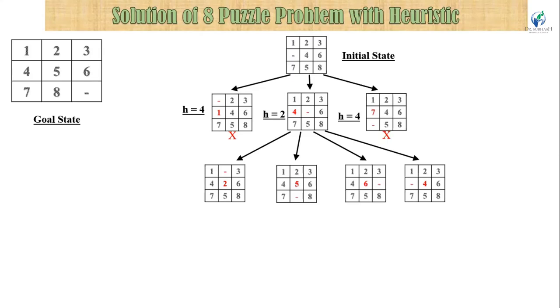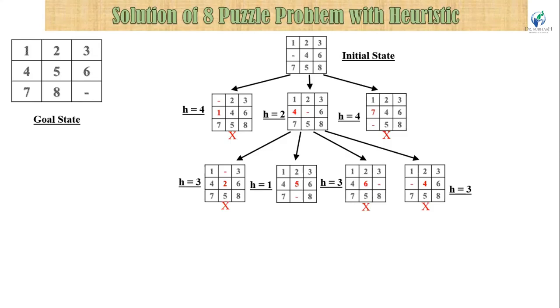Now we find the heuristic values, starting from the left side. We have heuristic value 3 for the first state, 1 for the second state, 3 for the third state, and 3 for the fourth state. Now we find the minimum heuristic value, and it is 1.